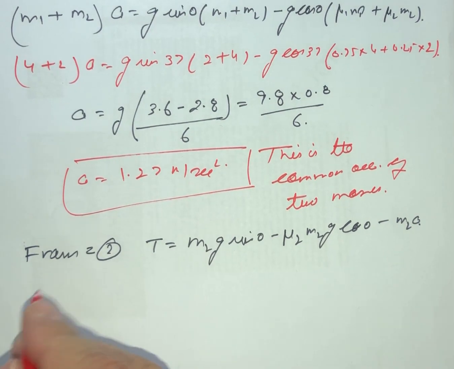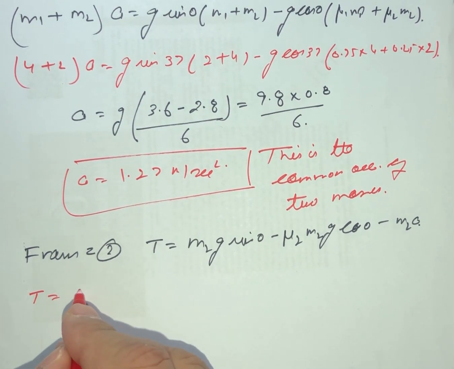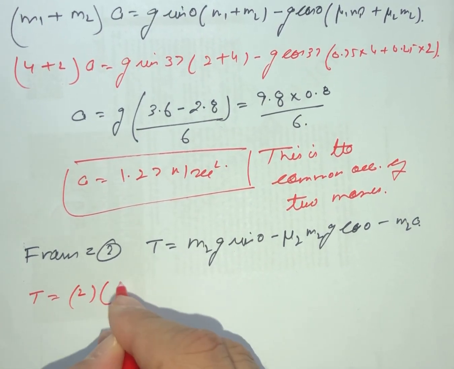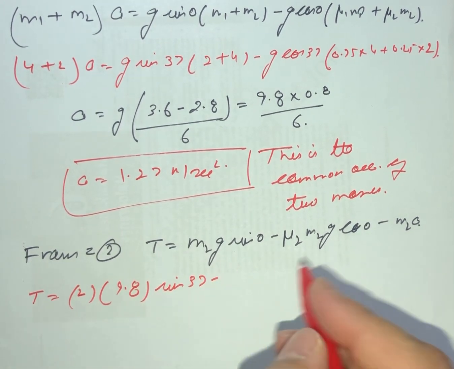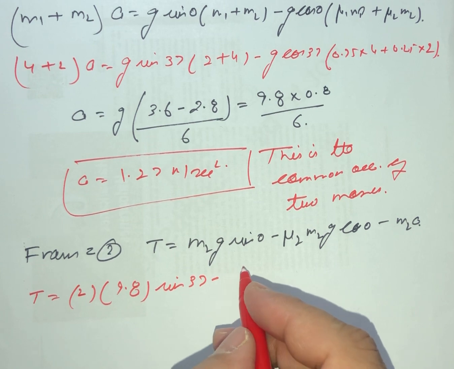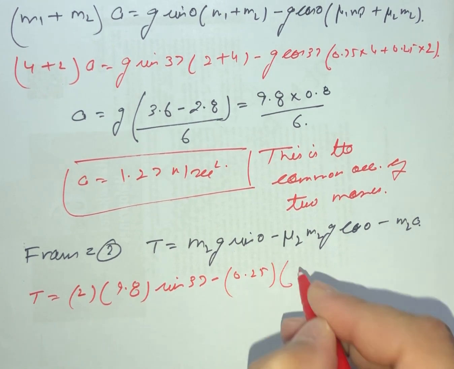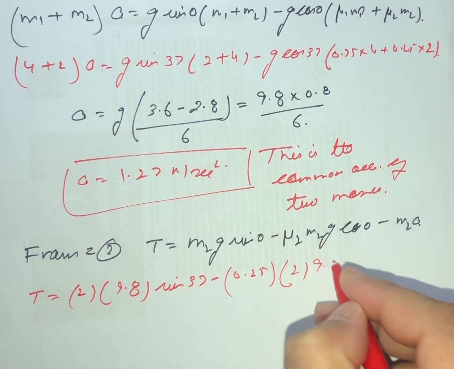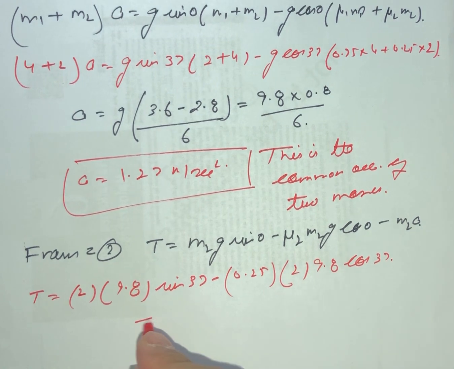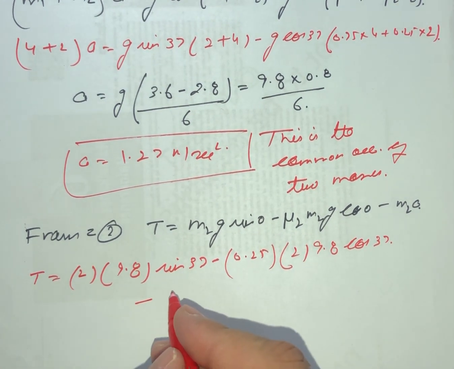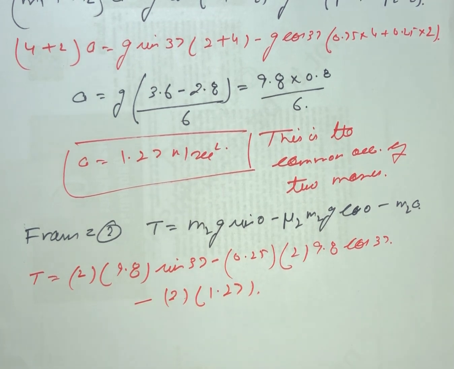Substituting all those values, T will be equal to 2 kg times 9.8 sin 37 minus 0.25 times 2 times 9.8 cos 37 minus 2 kg times the acceleration 1.27.